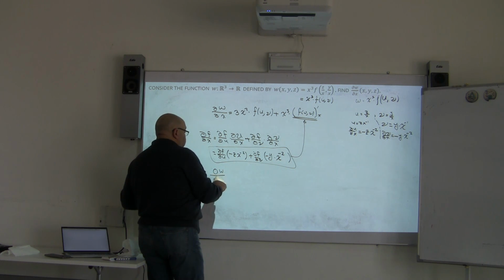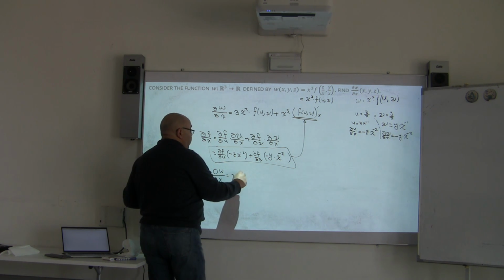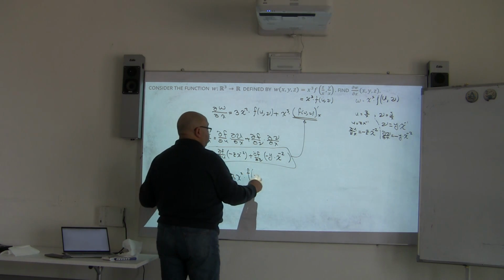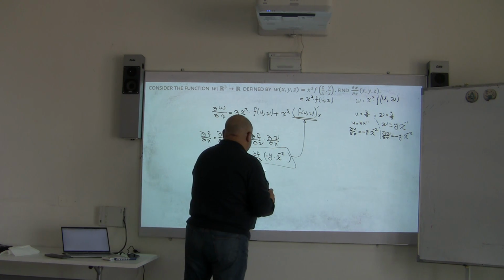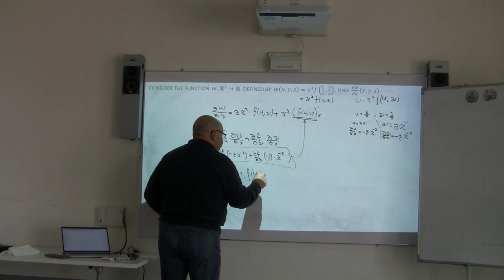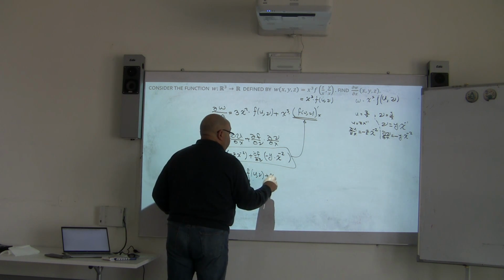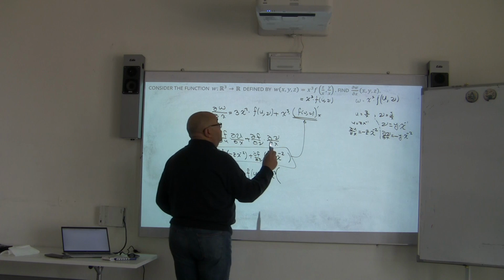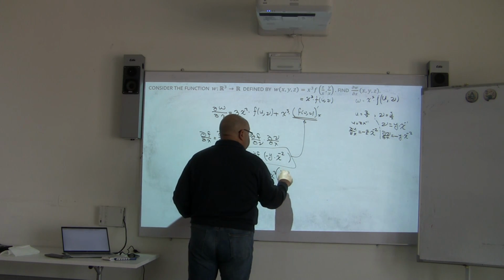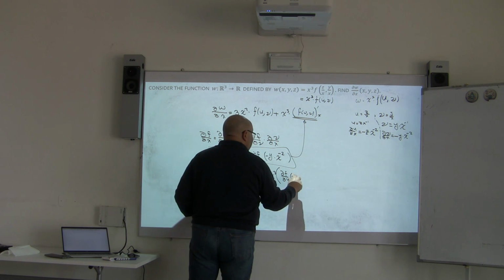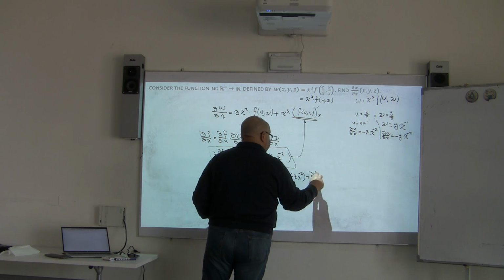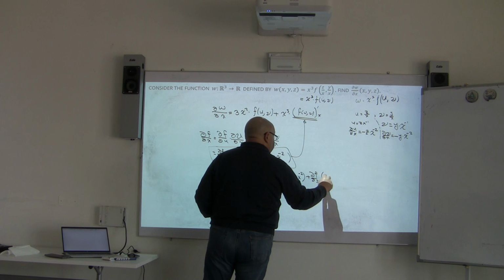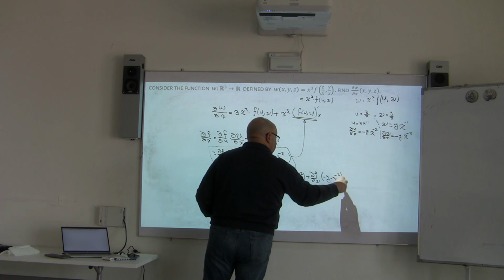Partial w, partial x will equal 3 over x squared times the general function f of u and v, then plus x cubed, open bracket, and then you will have the u derivative, which is simply partial f, partial u times negative z x to the power of negative 2, plus partial f, partial v times minus y times x to the power of negative 2.